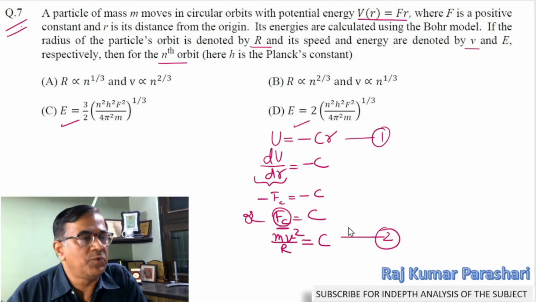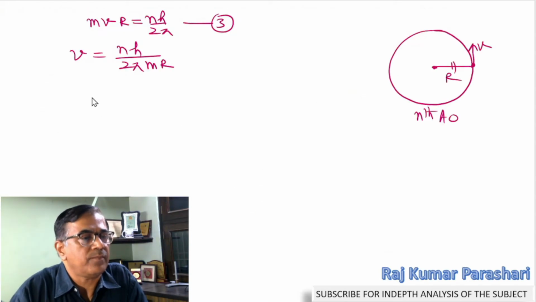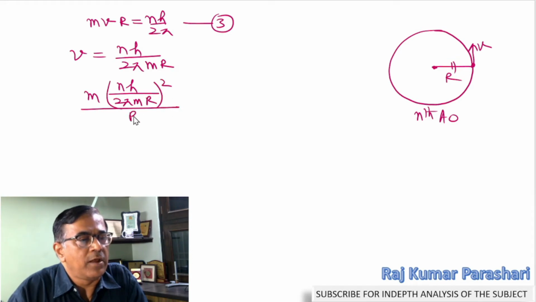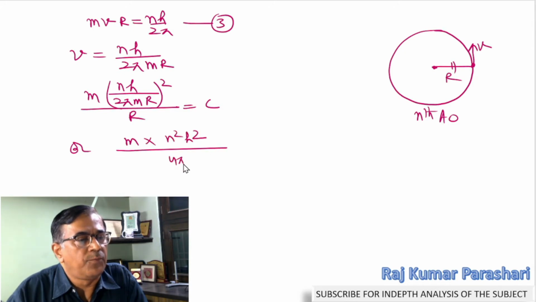Let's see what I get: m into nh by 2 pi m R whole square by R is equal to a constant, or m into n square h square upon 4 pi square m square R square, and this is equal to c.